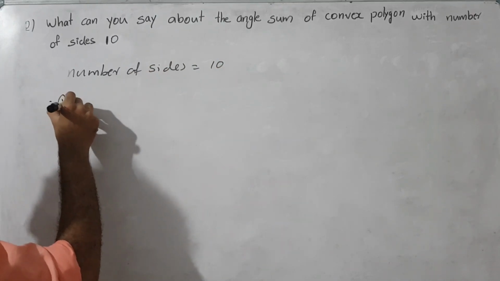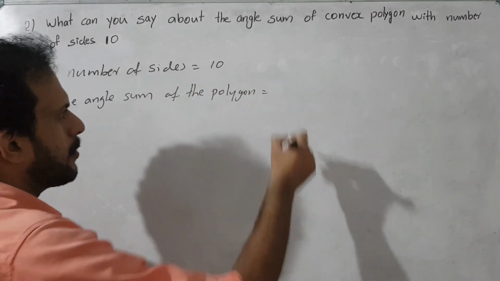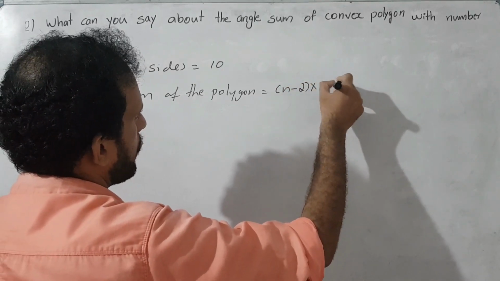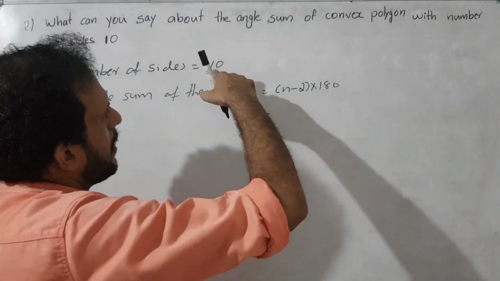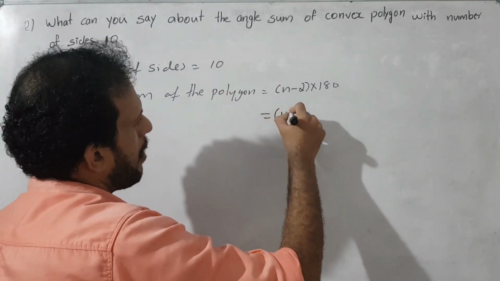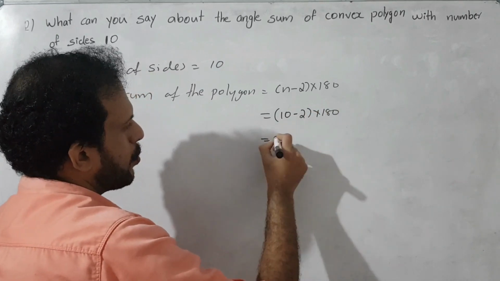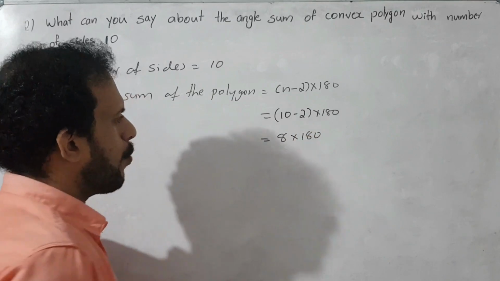Therefore, the angle sum of the polygon is equal to, what is the equation? (n minus 2) into 180, and what is n? n is equal to 10. Then 10 minus 2 into 180. 10 minus 2 is 8, so 8 into 180.